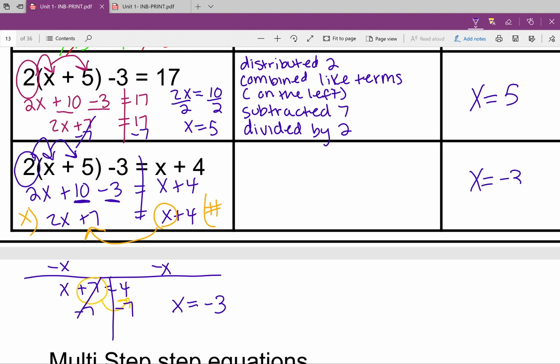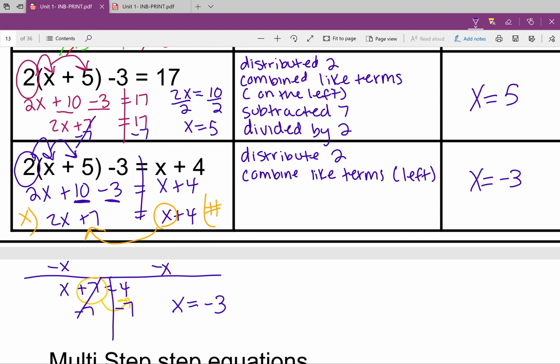So let's write out these steps. My first step was to distribute 2, then combine like terms. Again, we did that on the left side.